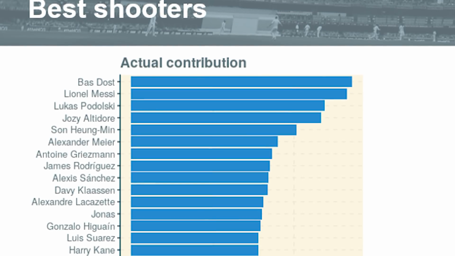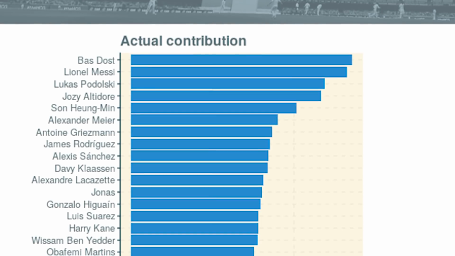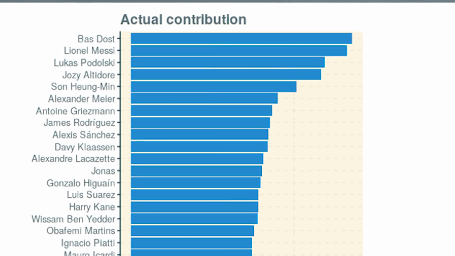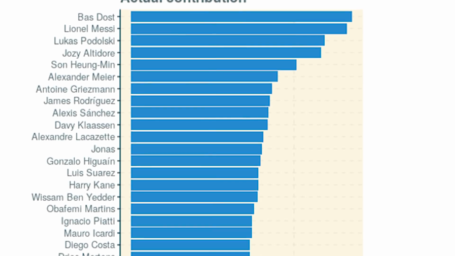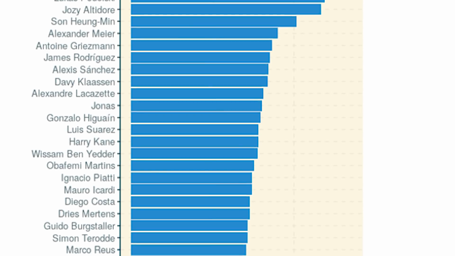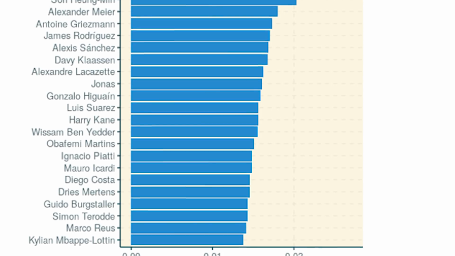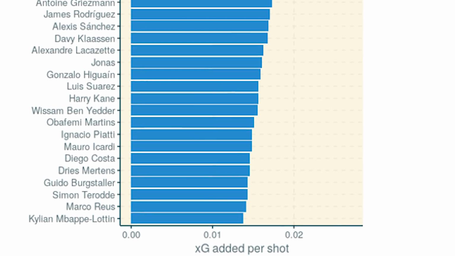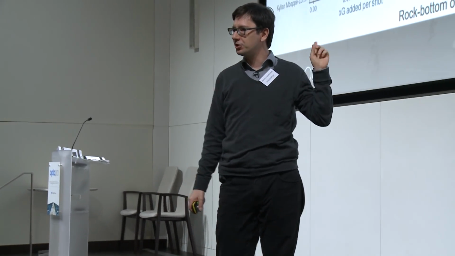Most of the names are right. Someone that requires some explanation is Josie Altidore. For that explanation, I refer you to Devon. What happens here, Josie Altidore is on this list only because he had that little stint at Sunderland. Remember, this is restricted to current and former Big Five players.